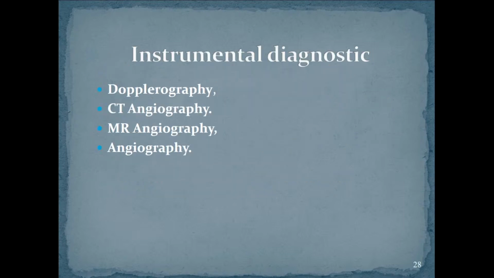Instrumental diagnostics that we should use to diagnose completely, to put a proper diagnosis of disease and to choose the proper approach to treat. So what do we need? We need the Dopplerography, we need CT angiography, magnetic resonance angiography, and simple conventional angiography.